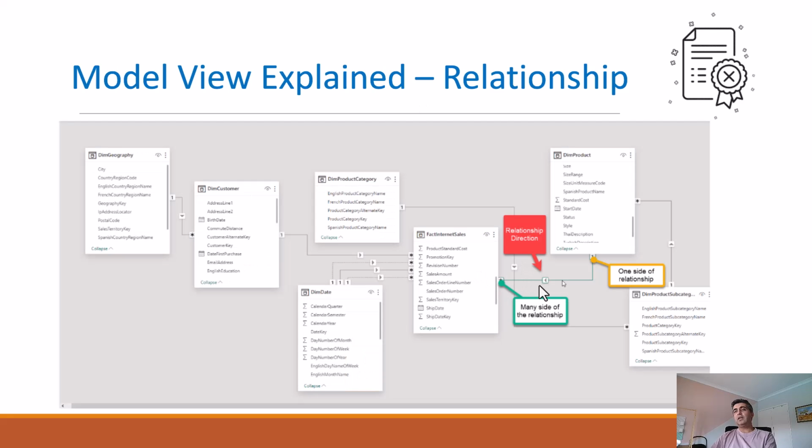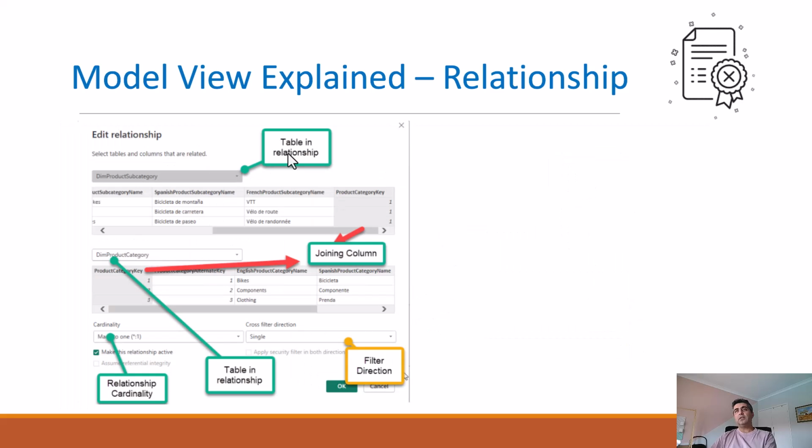If you right click on this relationship and click properties, it should open this edit relationship view, and you can see dim product subcategory and dim product category. In this case, it says they're linked on product category key. That's the linking column between them. This one's the one table in the relationship, and dim product category is the other table.